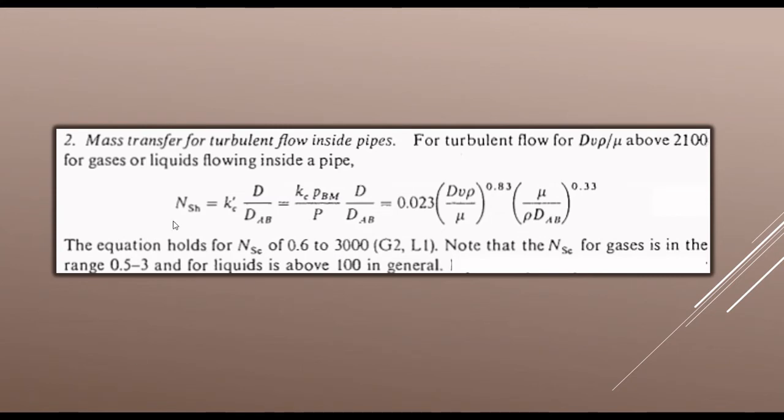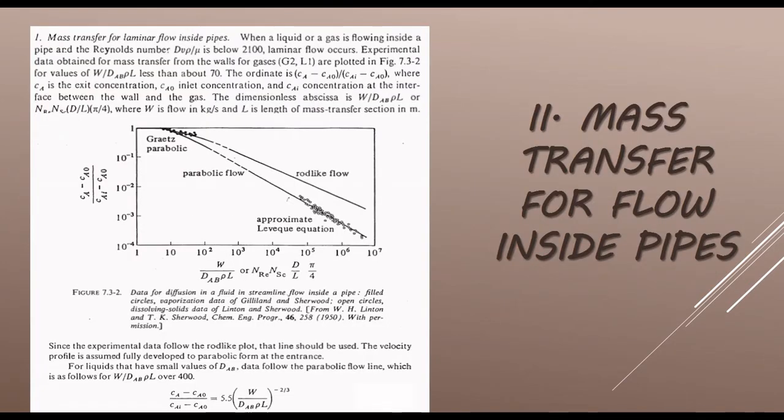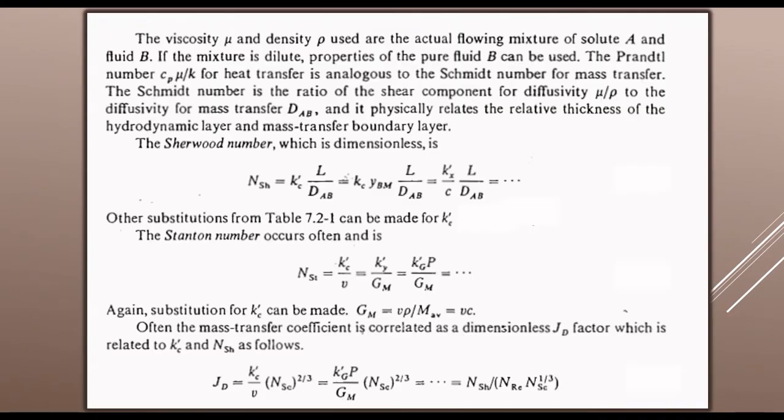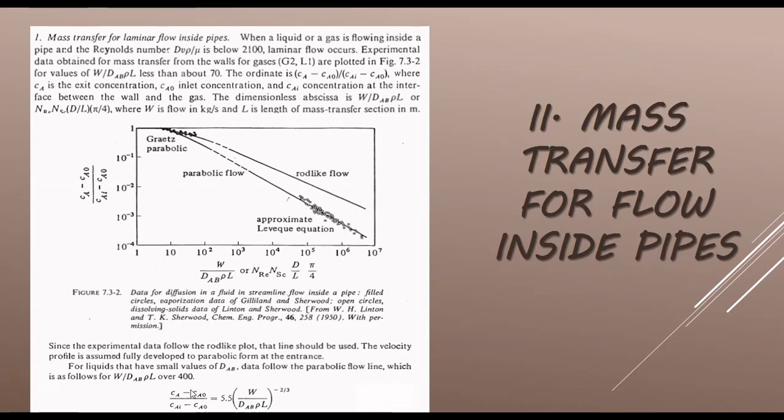So this particular dimensionless number, the Sherwood number, tells you of the convective mass transfer coefficient, or if it is already given, then you already know the Sherwood number. So this is for turbulent flow. For laminar flow, you have this particular scenario. You are to use this particular graph for laminar flow.